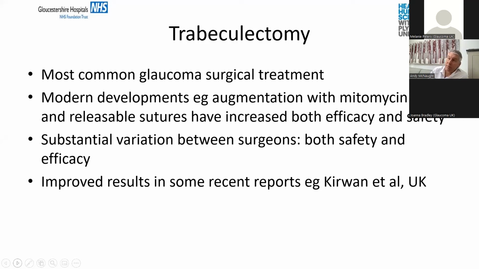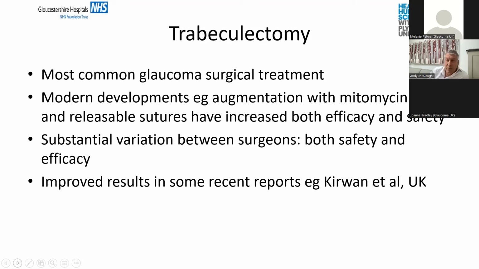We dab it on the eye during the operation, and it reduces the risk of failure, because failure, if it occurs, is usually due to scarring, and it reduces the risk of scarring afterwards. We also use a suturing or stitching technique using very fine sutures that have increased the safety of the operation and the flexibility of the operation.